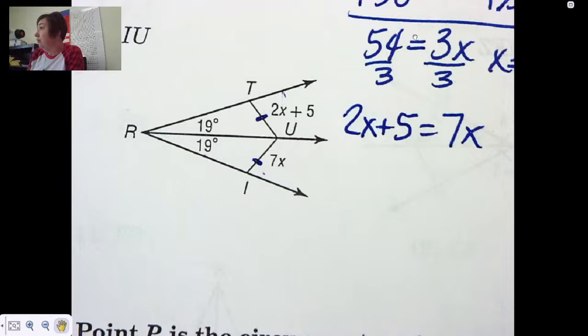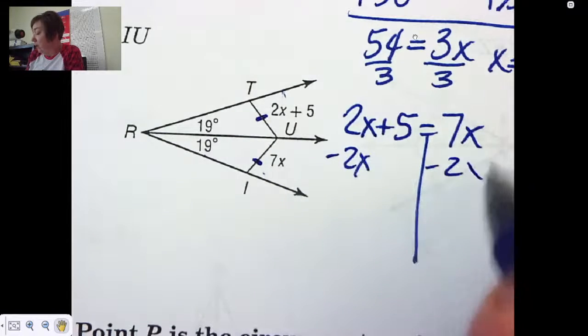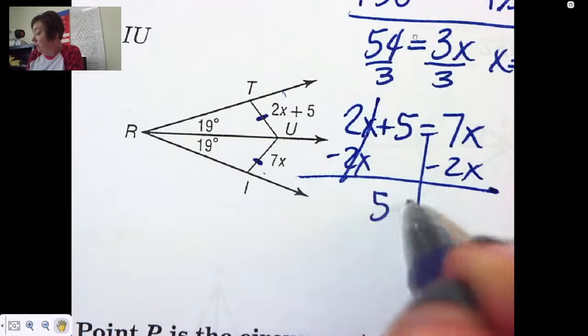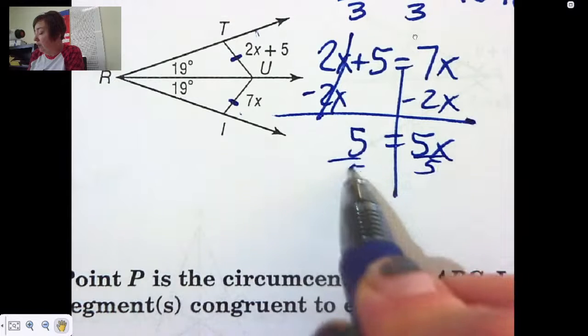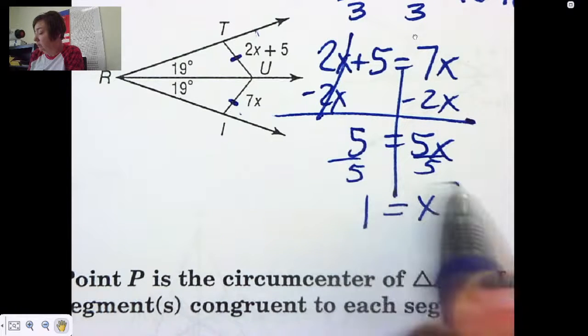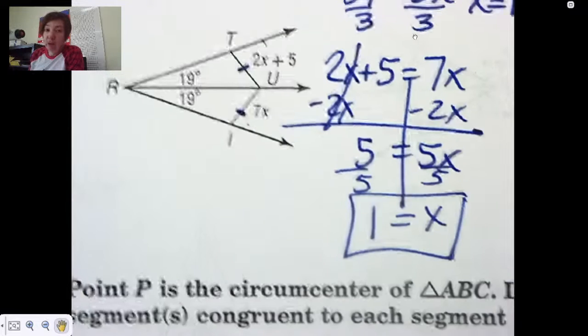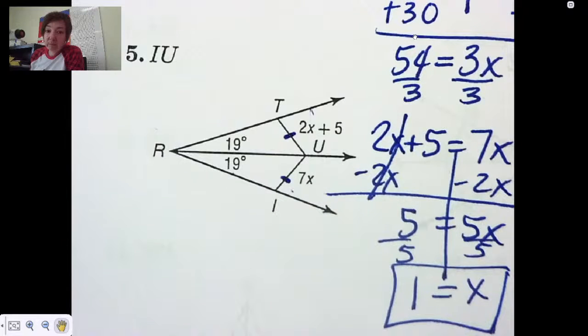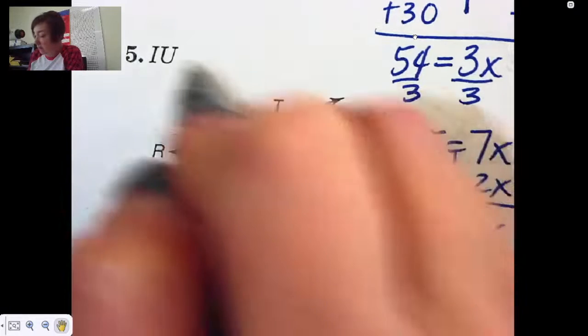Then we can solve it. So we're going to do minus 2x. 5 equals 5x, right? Divide by 5. What is x? X is 1. Now, what was our question? What is IU? So what do we got to do? Plug it in. And what is it?